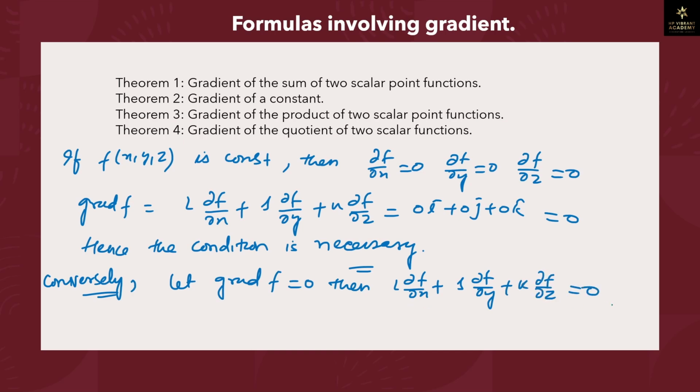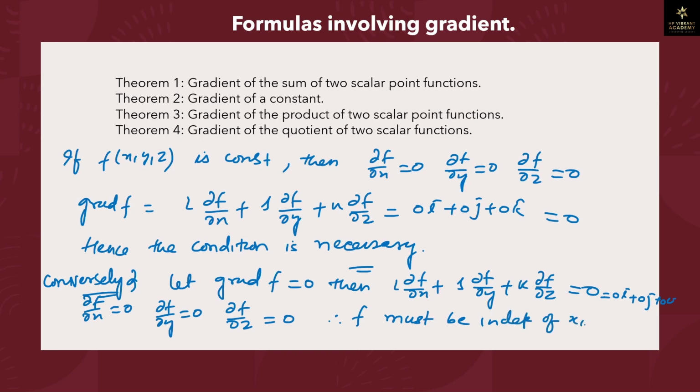So this means 0 i cap plus 0 j cap plus 0 k cap. Hence we can say del f upon del x is equal to 0, del f upon del y is equal to 0, and del f upon del z is equal to 0. Therefore, we can say that f must be independent of x, y and z.